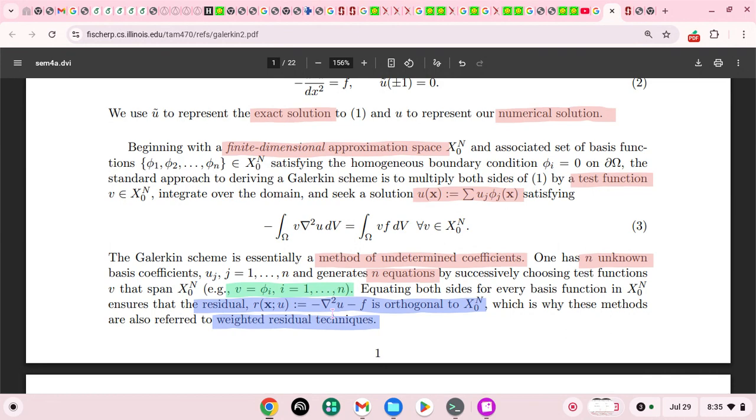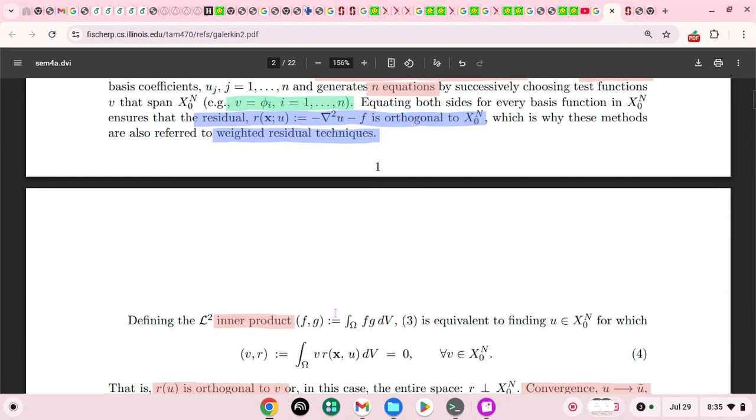With this setup, it brings up the concept that this residual will be orthogonal to the n-dimensional space. Based on this, the formulation is called the weighted residual technique.